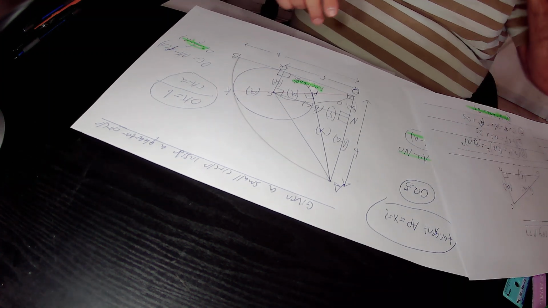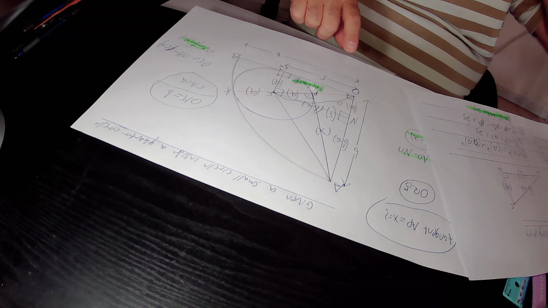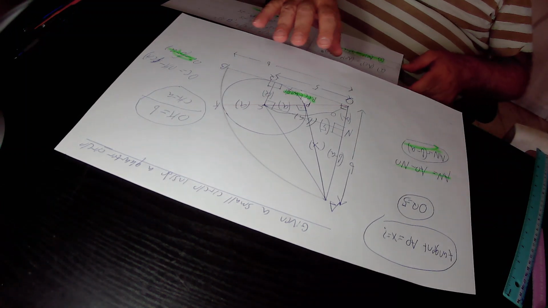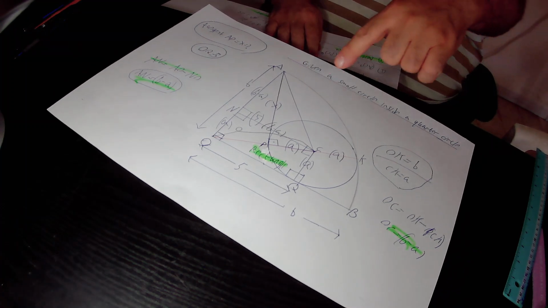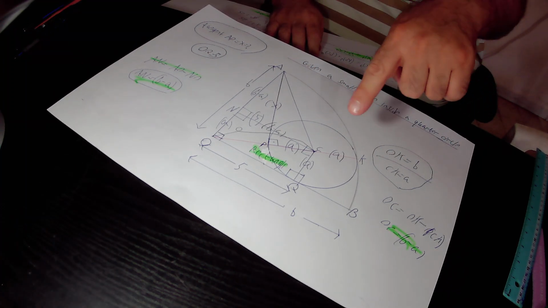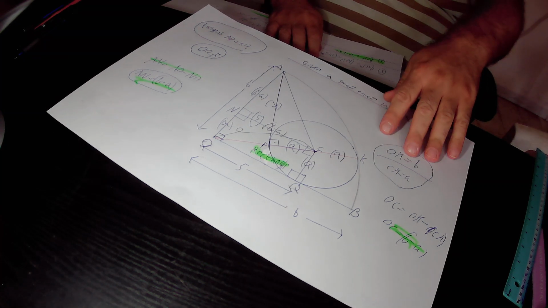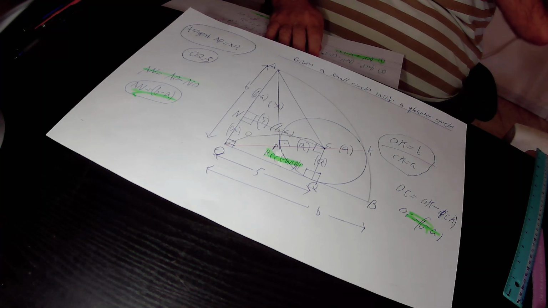In the next step, we implement in our drawing rule 9. Because we have an internal touch between this small circle and this big quarter circle, that is to say, they touch each other internally at this point. Whenever you have an internal touch between two circles or semicircles, you can implement rule 9.